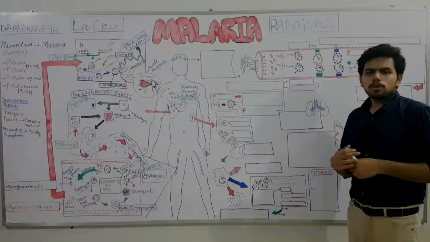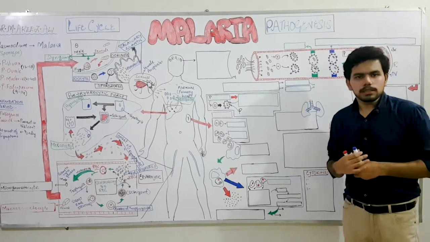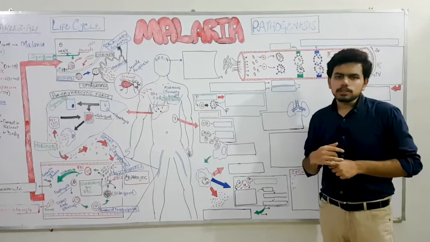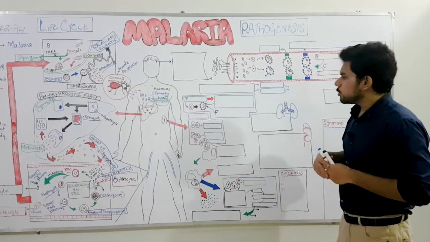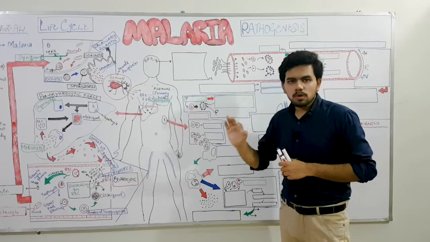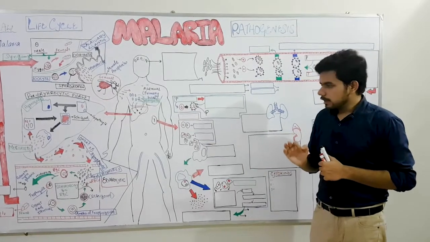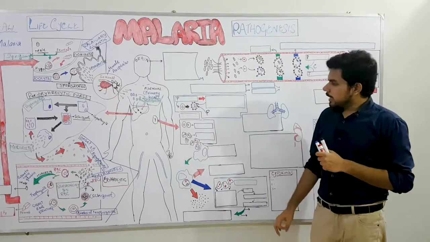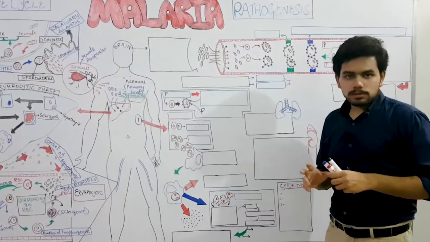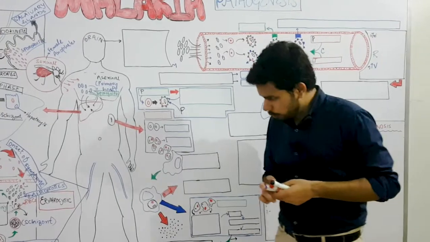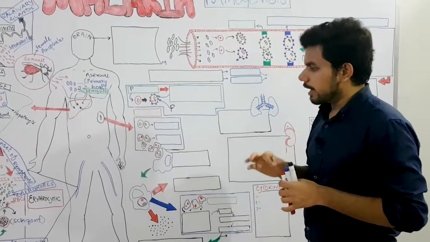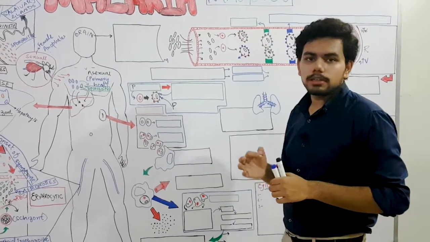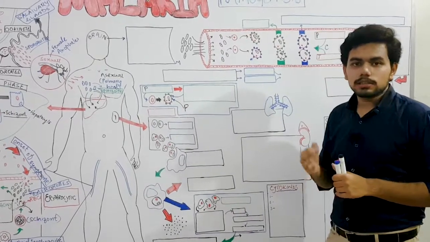So in the pathogenesis of malaria, from the life cycle, which is our first part, you know that the plasmodium in the form of merozoite enters into the red blood cell. Now in the red blood cell it forms different deformities. First, it ruptures the red blood cell and infects it with disastrous qualities.